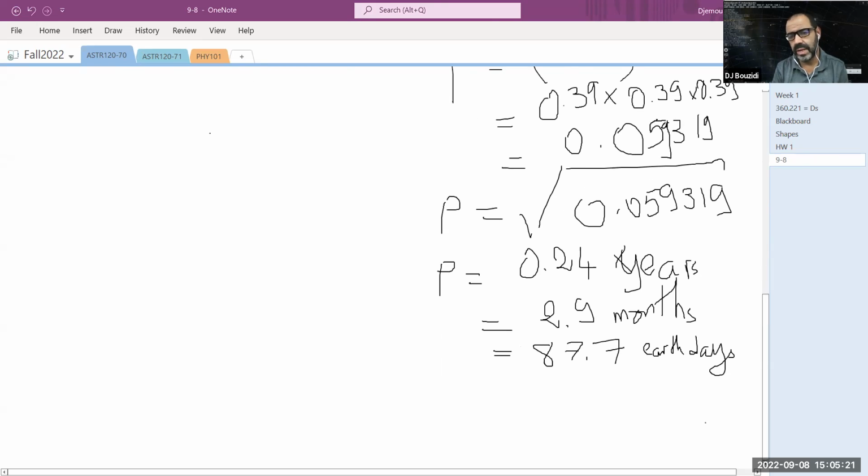Roughly 87 days is how long Mercury takes to go around once. The year on Mercury is 87 days.